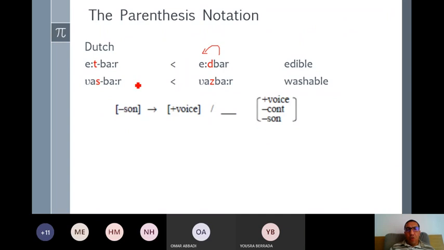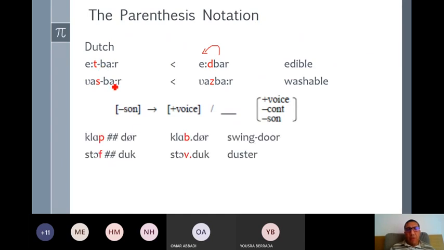This rule applies inside words, or of course this is a suffix here, but in this language, this voicing regressive assimilation also applies across word boundaries, so that the p becomes b even across word boundaries. So you see, voicing assimilation is a rule that applies across word boundaries.